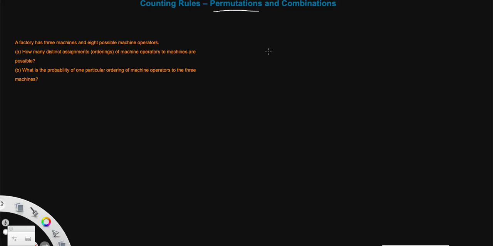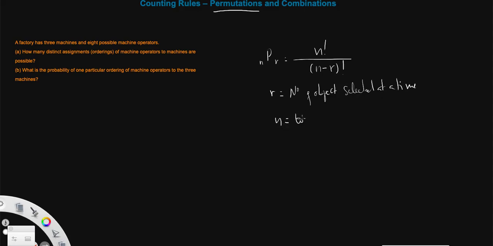Just a quick reminder, this is how our formula looks like. nPr is equal to n factorial divided by (n minus r) factorial, where we know r is the number of objects selected at a time, and n is just the total number of objects from which to select. I'm going to keep it there.